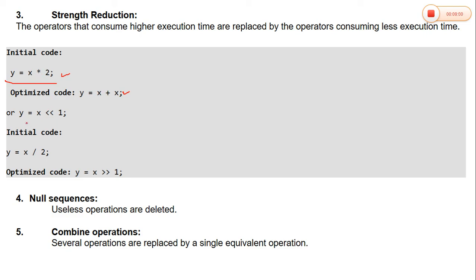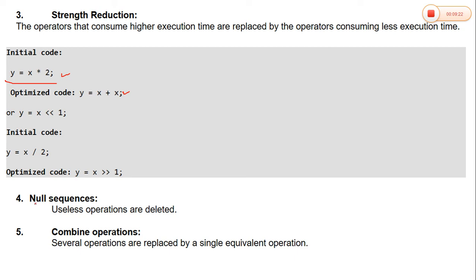Or you may have this code, y equals x divided by 2. This code can be replaced by the optimizer with y equals x right shift by 1. So we know the meaning of this shift.